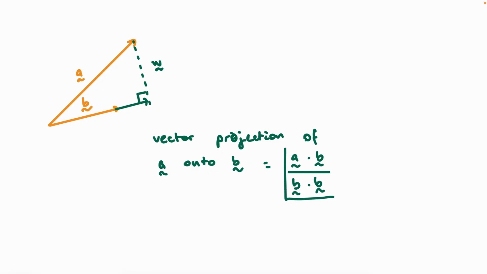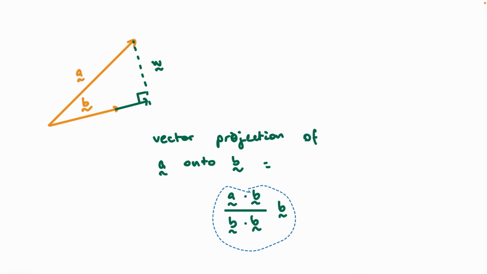All of this will be a constant, so when we multiply it by B, it becomes a scalar multiple of vector B.